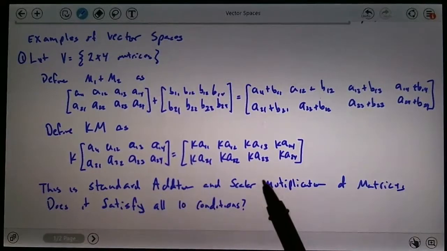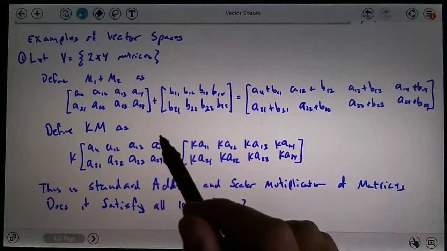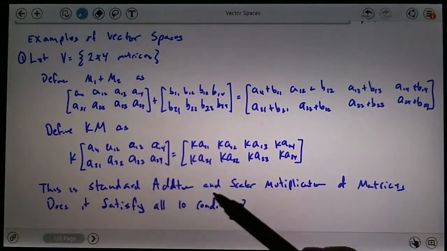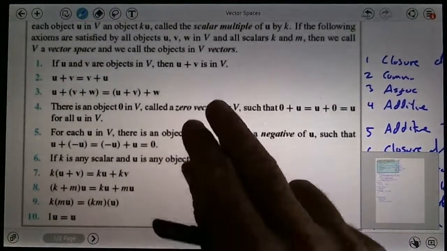Now, in order to check to see if this is a vector space, I have to show, does this definition of addition and scalar multiplication for these objects satisfy the 10 conditions of a vector space?